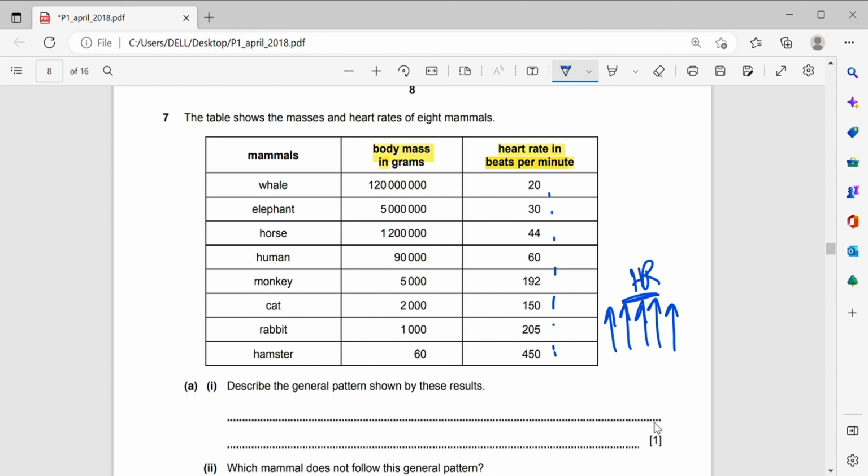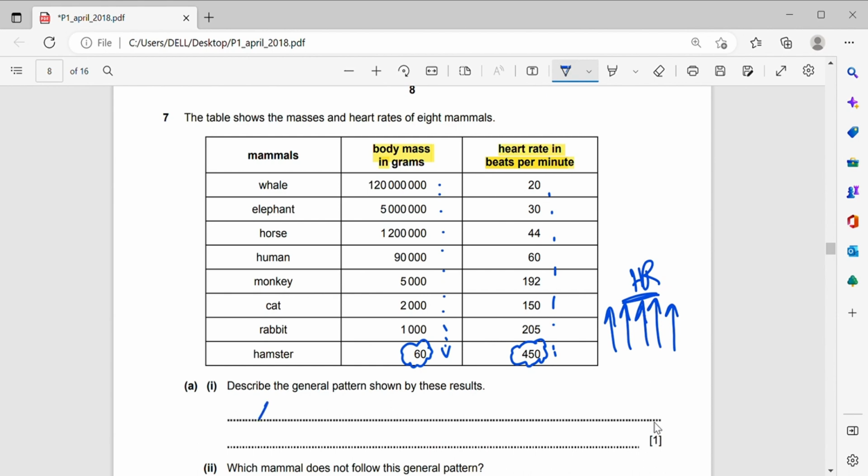What about the body mass? As we go down, we will see that, for example, the hamster, it has the lowest body mass, yet it has the highest heart rate. So there is a negative correlation between the body mass and the heart rate.